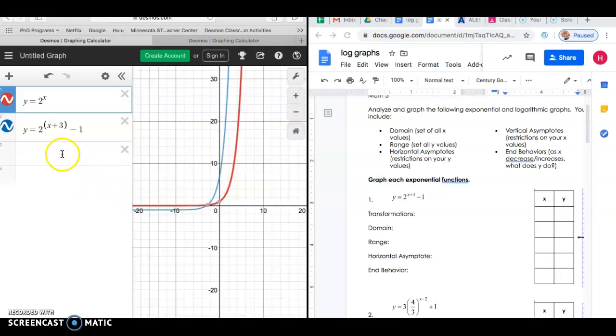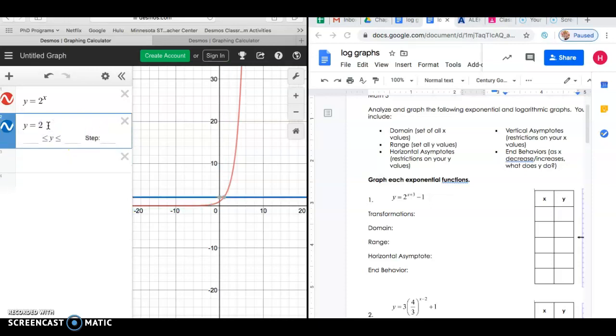And then in Desmos as well, you're going to select a new tab and type in the function that we are looking at. So your y is equal to 2 to the x plus 3, minus 1. Notice here that I had it in parentheses, because if you try to do 2 to the x and then plus 1, it is not going to do what you want.